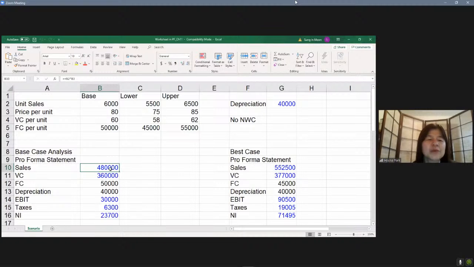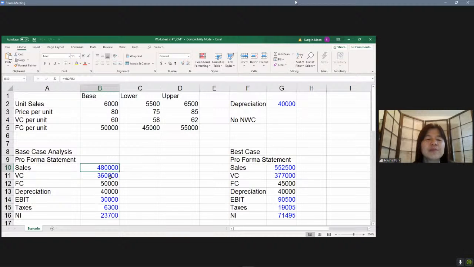So how to calculate sales? Sales revenue is how many units will be sold times the price. So 6,000 units, that's in B2. And what's the price? B3, $80, so $480,000 is the sales.